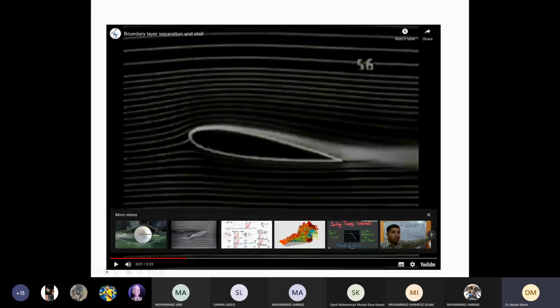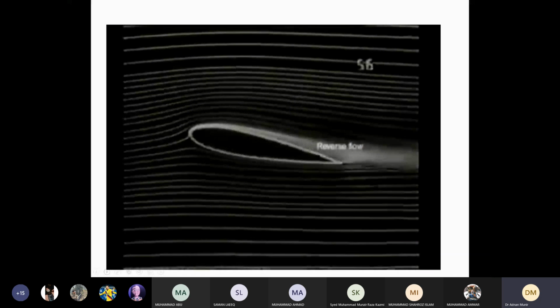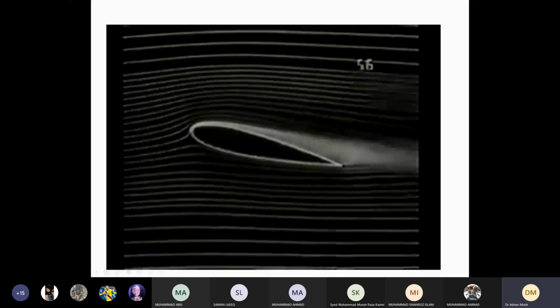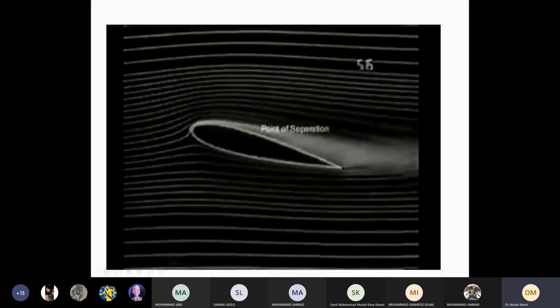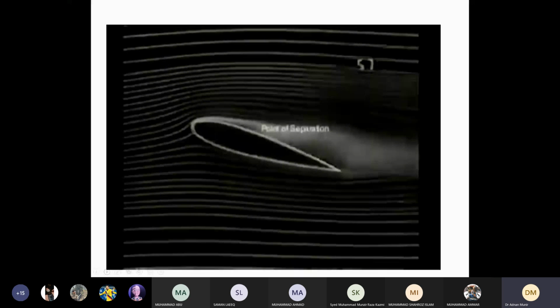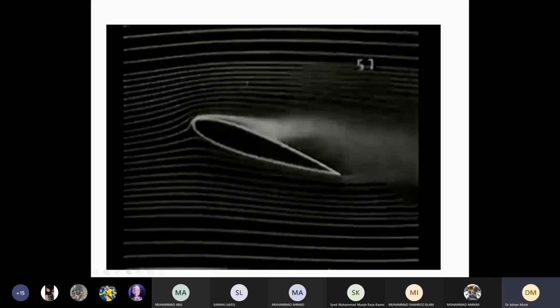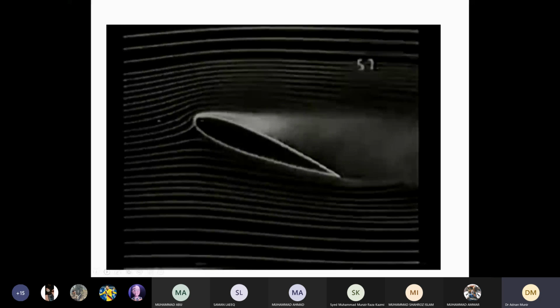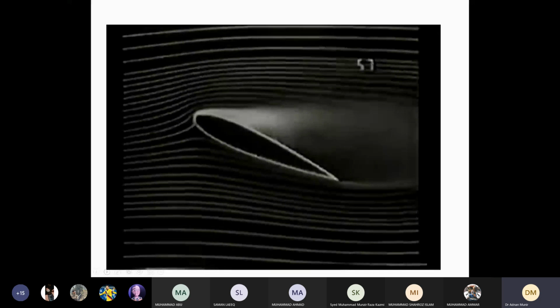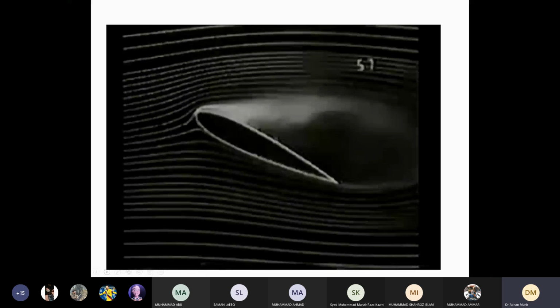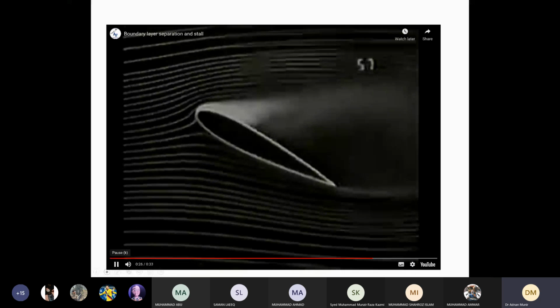This flow is because of the adverse pressure gradient on the back. This is called boundary layer separation. As angle of attack increases further, the point of separation moves forward on the airfoil until it has so disturbed the flow around the airfoil that further increases in angle of attack produce less rather than more lift.